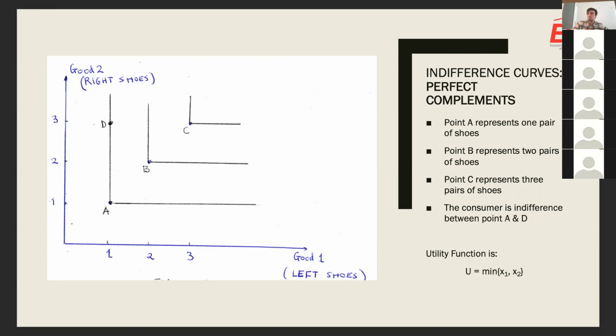We can throw out 9 of those right shoes. We don't care. Your utility function is going to be denoted utility equals the minimum of X1, good 1, and X2, good 2. So your utility is always going to be, for example, if you have 1 of good X1 and you have a million of good X2, your utility is always going to be 1, right? Because you don't have a use for the rest of those.